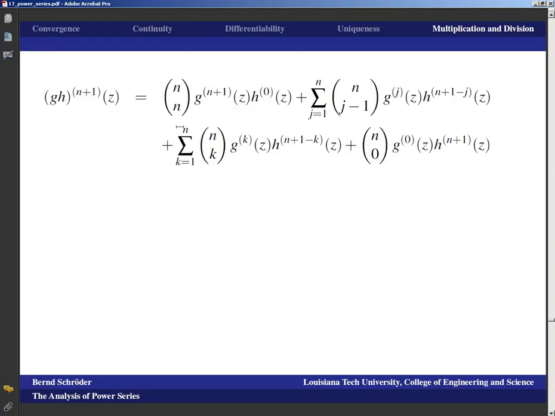Okay, we need a new panel, but we just keep what we had on the previous panel. This is just a copy of what we had there.